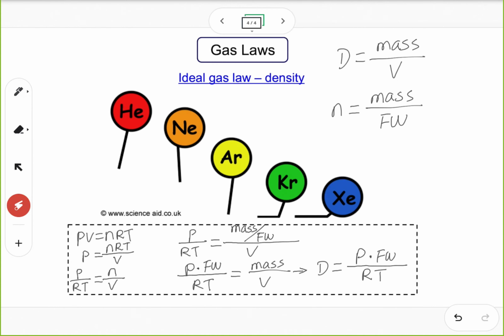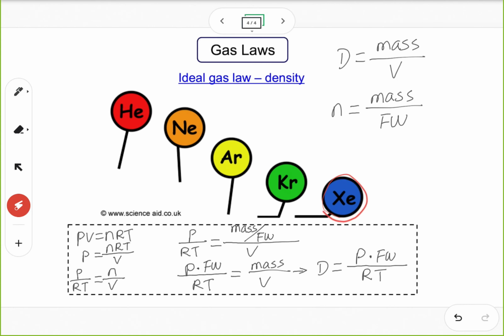Now let's revisit this picture here. As we said, helium, neon, argon, krypton, xenon are in the same group, noble gas molecules. And when you go from top to bottom, it's getting heavier. How is this getting heavier trend reflected by this equation? Well, formula weight. If all of those 5 balloons have the same pressure and the same temperature, then whatever gas has the greatest formula weight would have the greatest density.